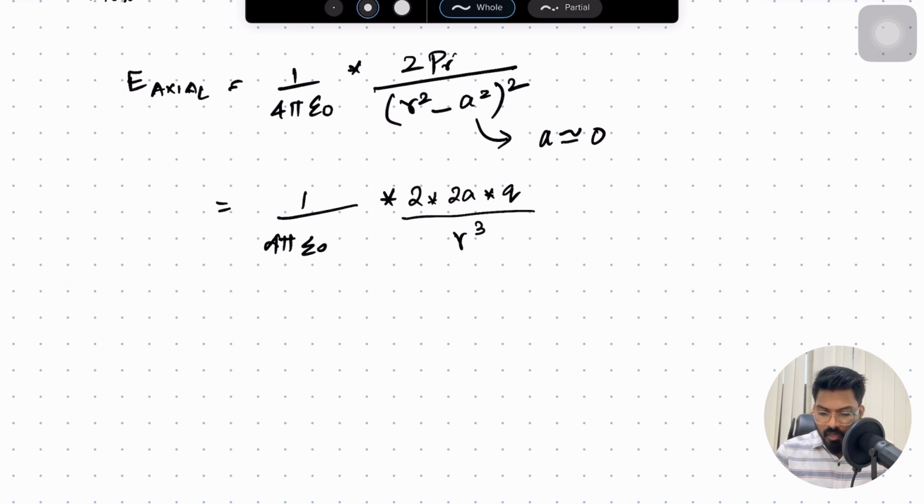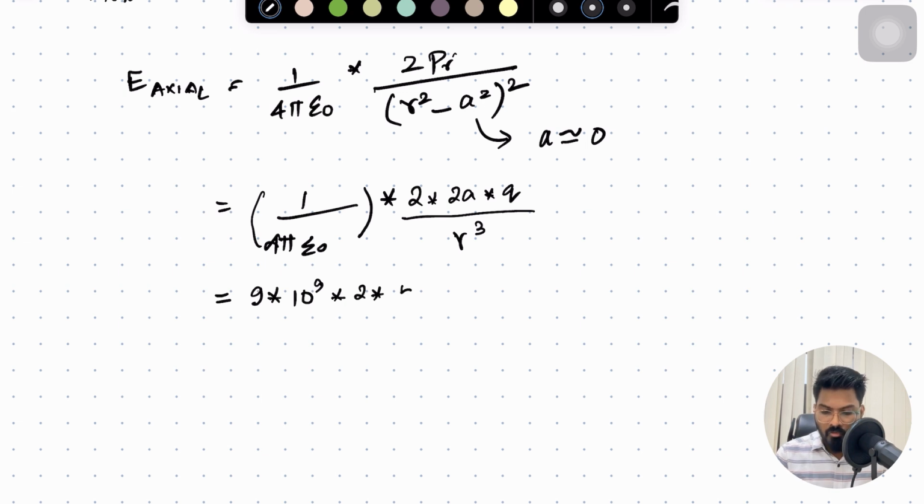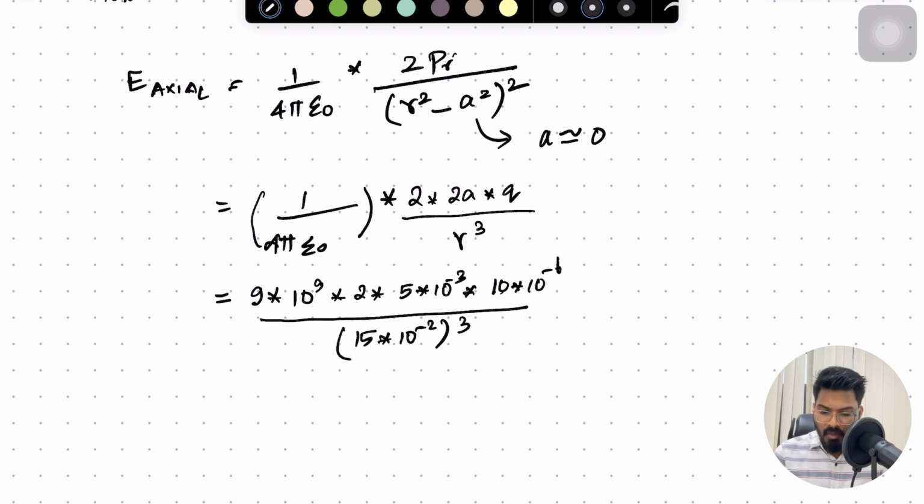Now to get the value of this, let's keep substituting the values. 9 into 10 to the power 9, which is the Coulomb's constant K. 2 into 5 into 10 to the power minus 3. Then q is 10 to the power minus 6 because it's 10 microcoulomb. And then r is 15 centimeter, which is 15 into 10 to the power minus 2 whole cube. And when you solve for this, you get 2.66 into 10 to the power 5 Newton per Coulomb.